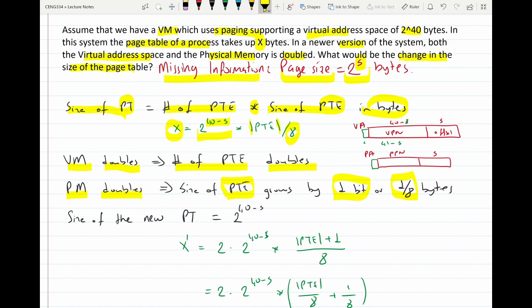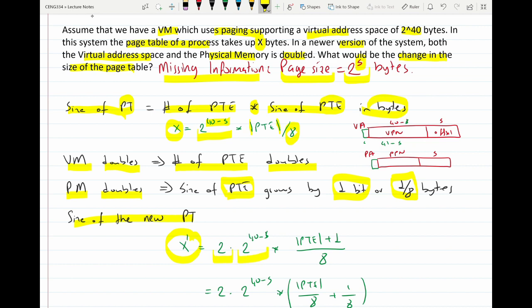So when we look at this, now the size of the new page table I can compute as such. Let's call the size of the new PT X prime, and now this is 2 to the power 40 minus s. This was the number of page table entries in the previous case.